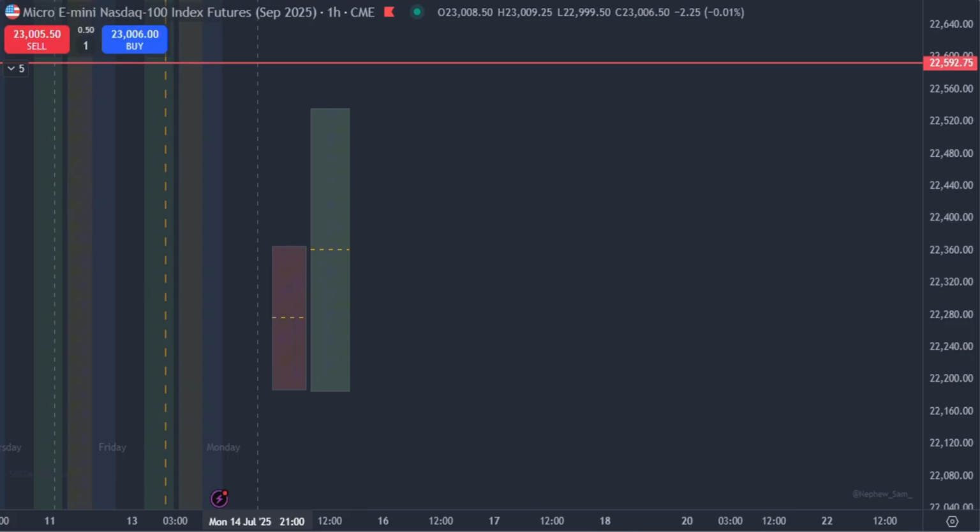So, what is CSD? CSD stands for Change in the State of Delivery. And CSD is probably one of the most powerful confirmations within smart money trading. It's kind of like a market structure shift, but similar.